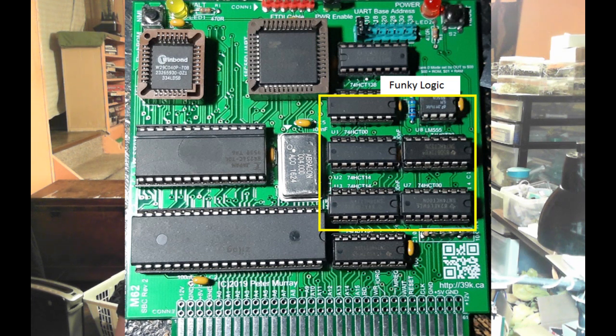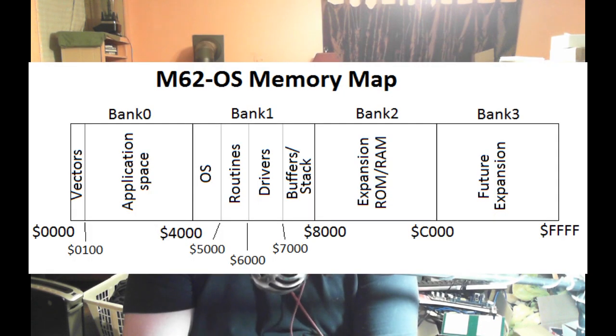Another announcement with that is I actually did start writing my own OS. It's called M62 OS, and that makes use of this switch. Basically, the OS is loaded to 4000 hex, which is bank 1 RAM. When it executes, it switches bank 0 into RAM instead, and then it writes the interrupt vectors at the correct places.